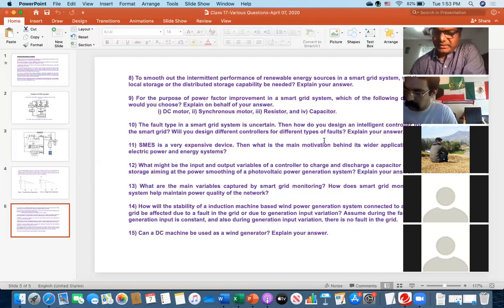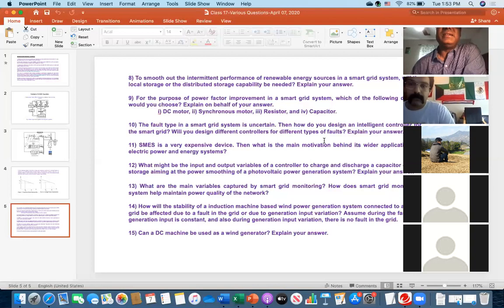Now when it is 2-phase to ground fault or short between 2 phases or only a fault in one line, the same controller will work. On the other hand, if you say that no, because I will be designing only one controller, I will assume there will be a fault in only 1-phase, you can make that argument. But as I said at the first line, fault is uncertain.